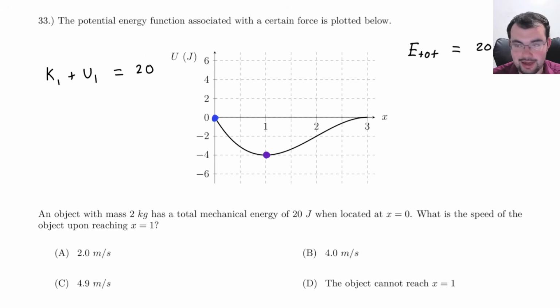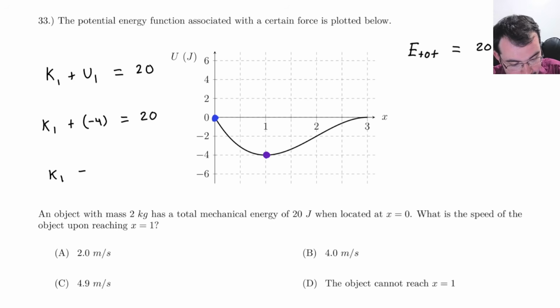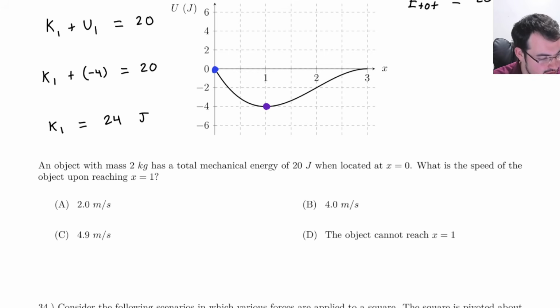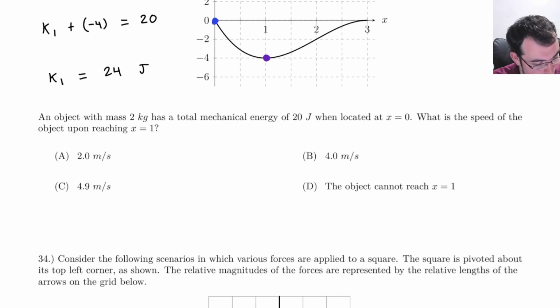And we're going to do that at x equals 1, because we can just read the graph to say that when x is equal to 1, the potential energy is -4. So the kinetic energy at x equals 1 is 20 plus 4, which is 24 joules. Now we just want to find the speed of the 2 kilogram object at that time.